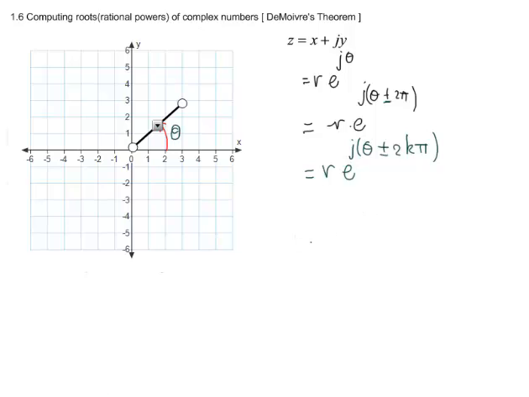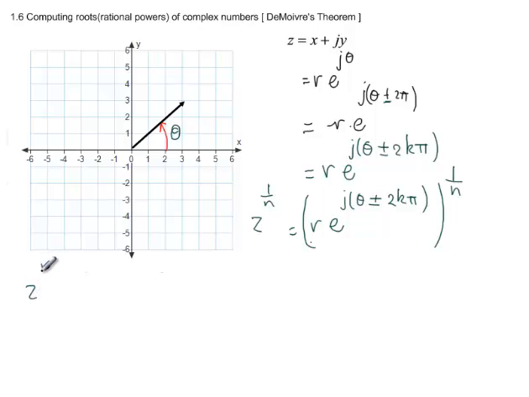Okay. So now let's discuss computing a rational power of this. A rational power of this would be something like z to the power of 1 over n. Then that will mean that I'm taking r e to the power j theta plus or minus 2k pi, and I'm taking that to the power 1 over n.